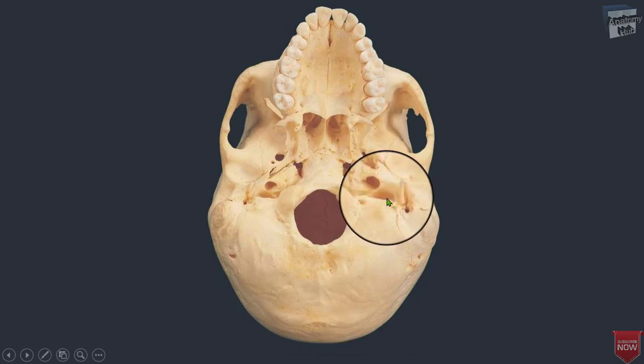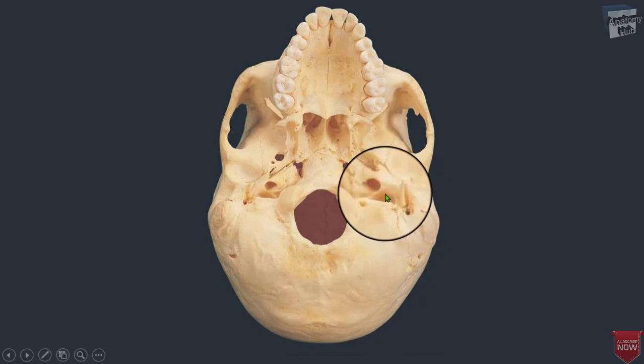The foramen can be seen from below within the skull, and it also transmits the glossopharyngeal nerve, vagus nerve, and the spinal accessory nerve from the cranial cavity into the neck.